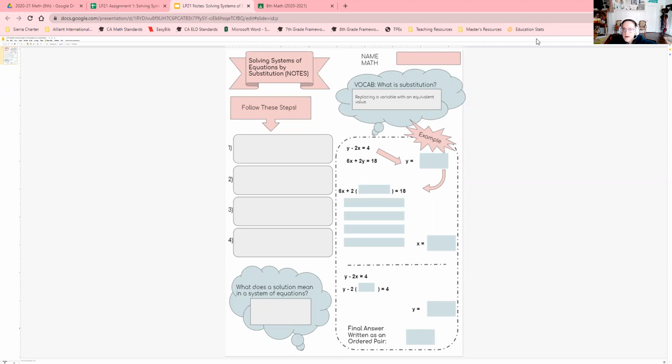In order to do that, I need to cancel this minus 2x. It's a minus, so to do the opposite, we're going to add 2x on both sides of that equals sign, and that gives us y equals 2x plus 4.